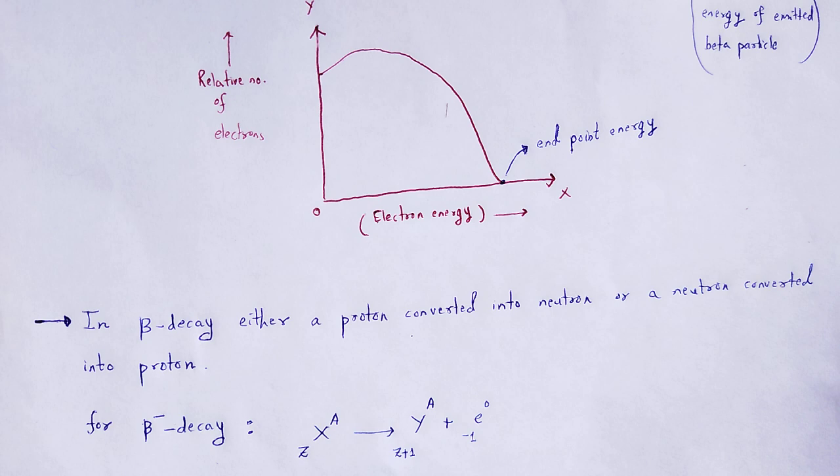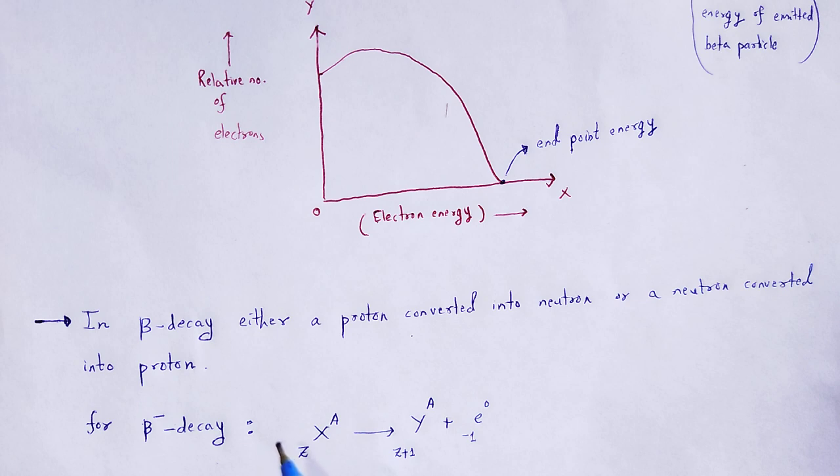In beta decay, either a proton is converted into a neutron or a neutron is converted into a proton in order to stabilize that nucleus. Stability of nucleus is based upon the neutron proton ratio.